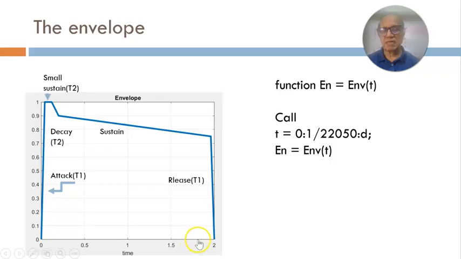In this particular case it is 2 seconds, and as we have already said, it could be 1 second, 0.5, and so on, and then only you call the function. Alright, so let us now study the envelope function itself in detail, how to write the modified envelope function.